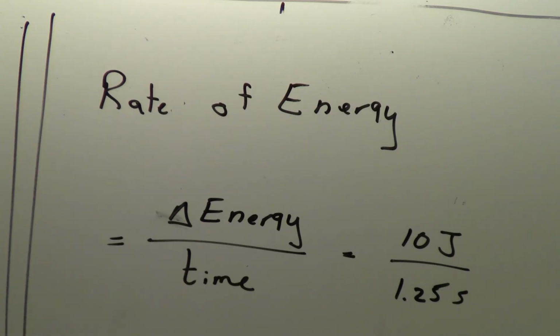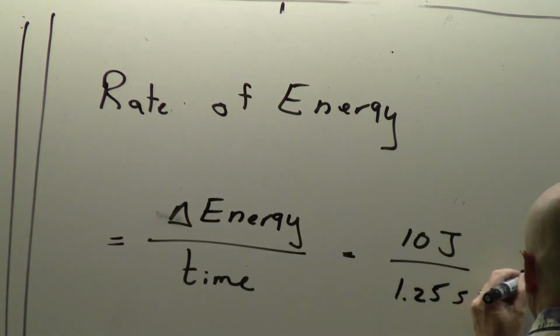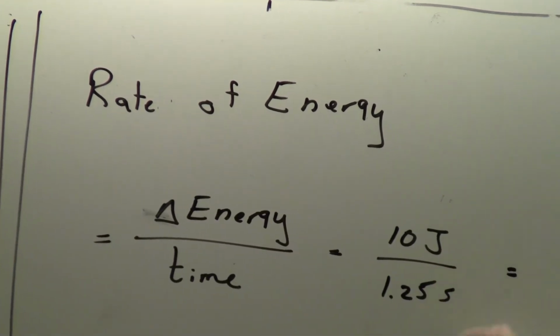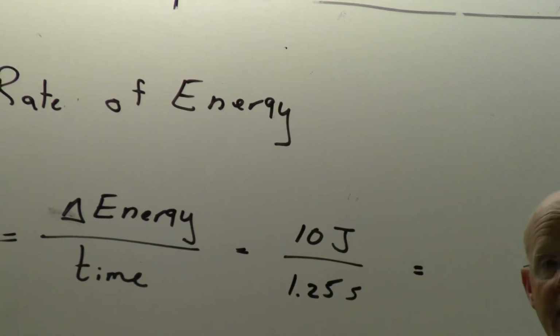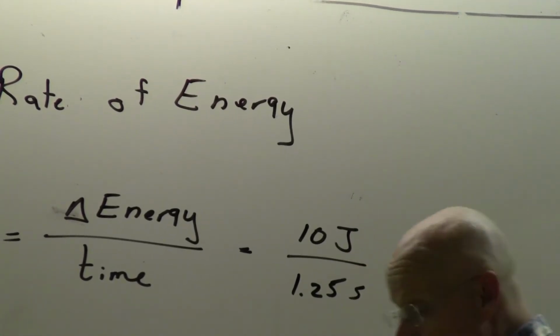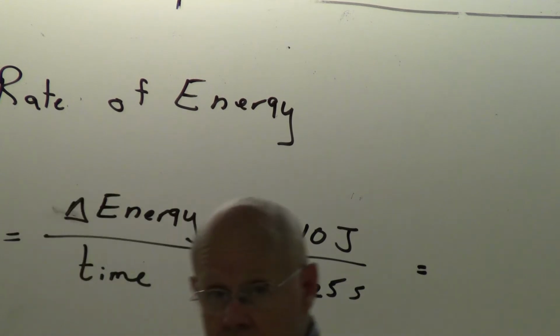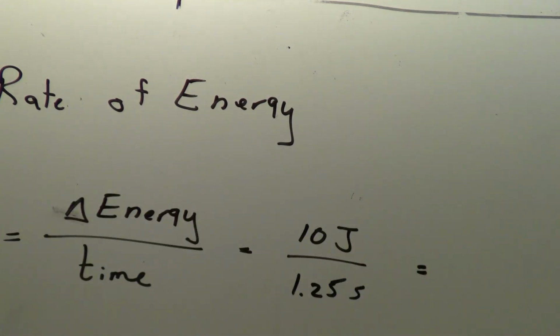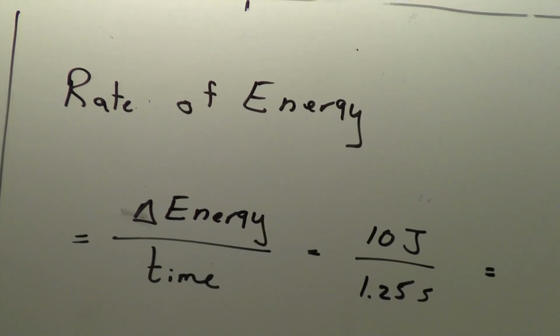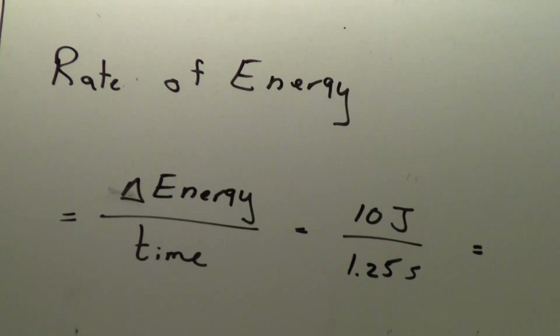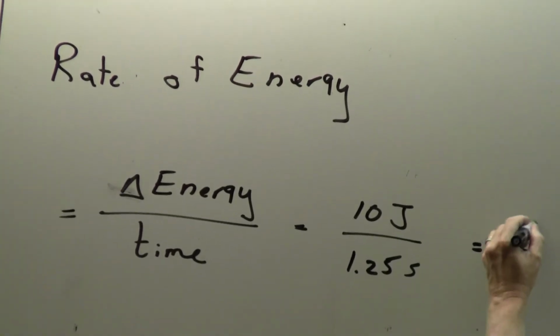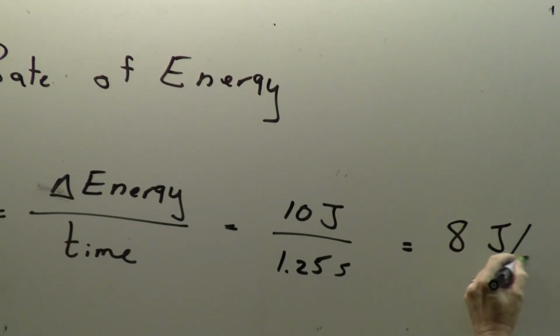But I wanted you to see that the rate is the change in energy and the time taken. And so in this case, if it took 1.25 seconds to fall, which it doesn't even take quite that long, but it would be 10 divided by 1.25, which comes out to be an even 8 joules per second.